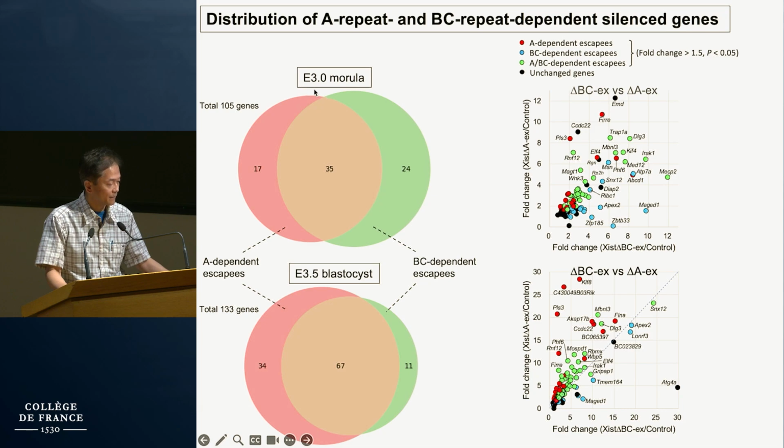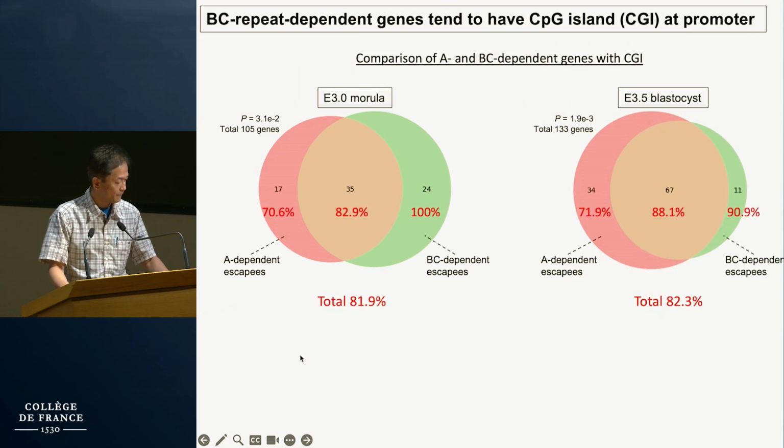And at the earlier stage, E3.0, many genes are only B repeat dependent. Here, these blue circles are BC repeat dependent genes. But that disappeared at E3.5, and these green circles are actually A and BC repeat both dependent genes here.